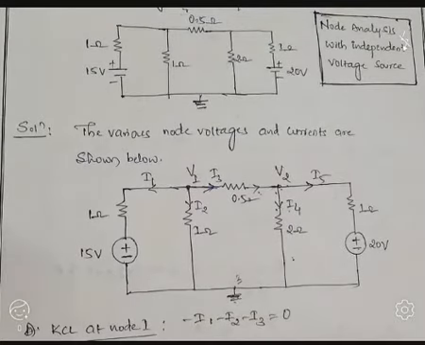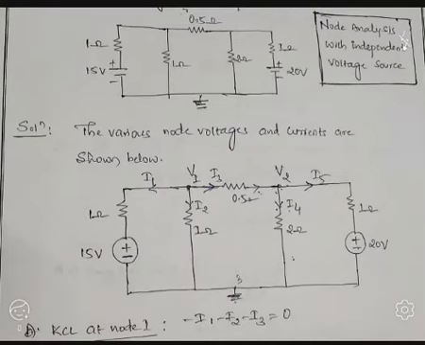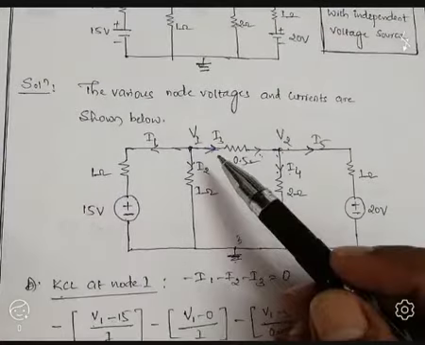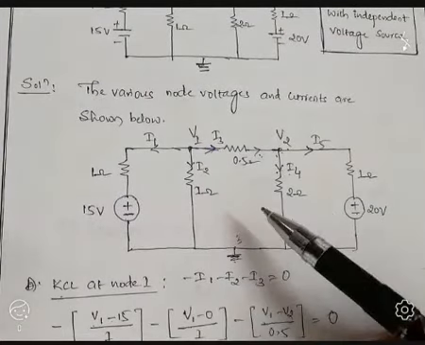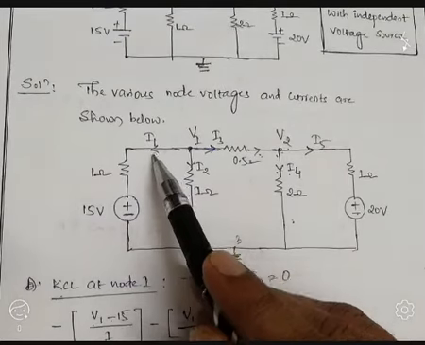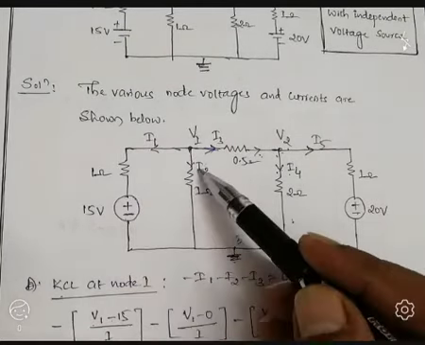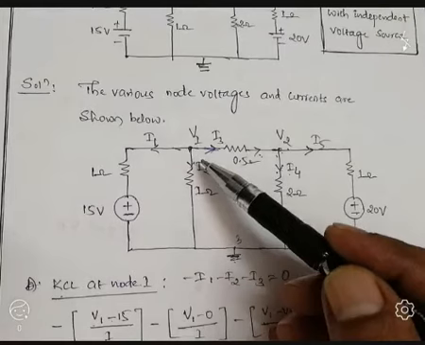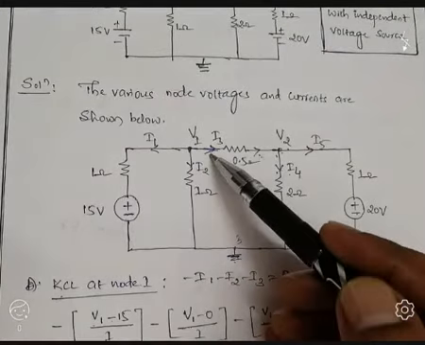As per KCL, we need to find the currents moving towards and moving away from the node. For this node V1, first I will represent three currents: I1 moving away from the node, I2 also moving away, and I3 also moving away.